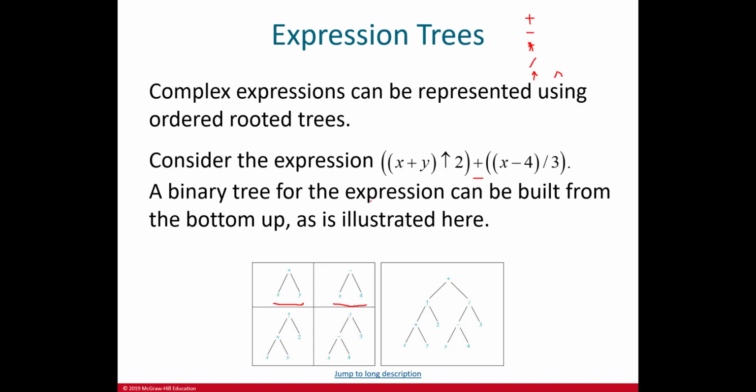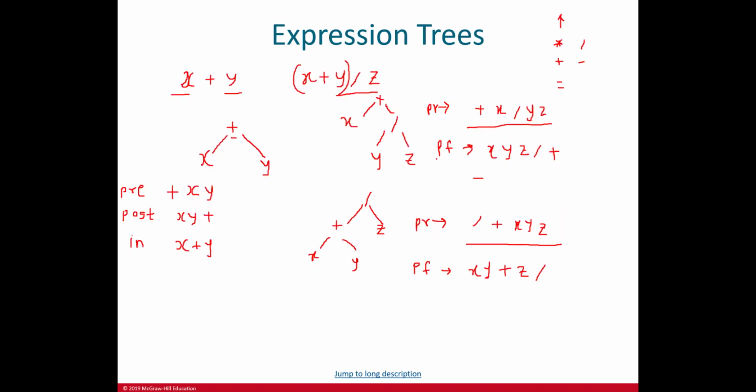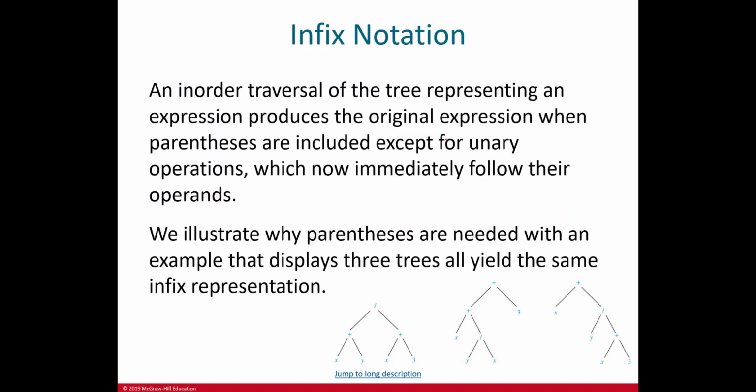In order to really decide which of these operations come first, we have to have it bracketed in a nice manner in order to avoid any confusion. If we don't do that, then something like this can occur.